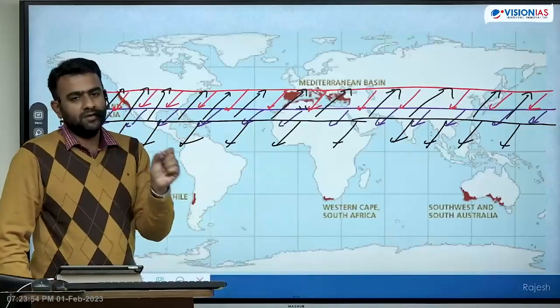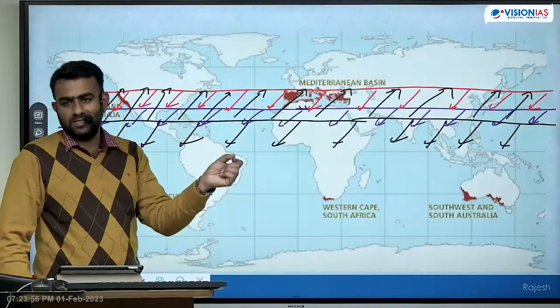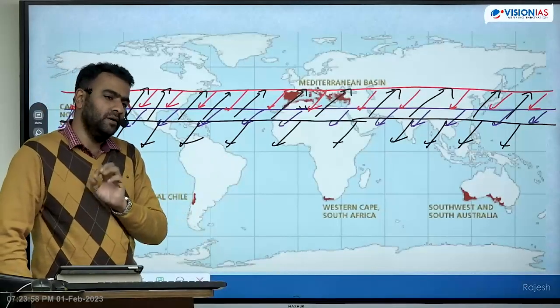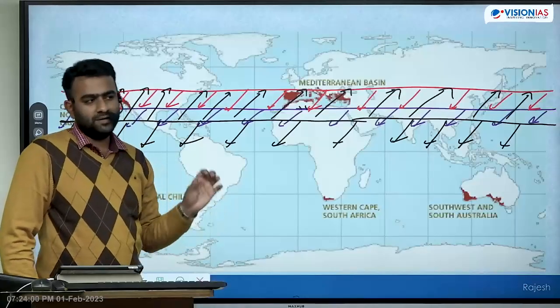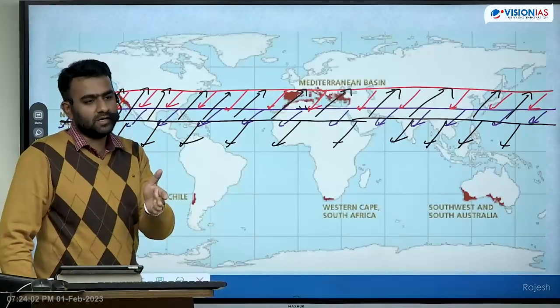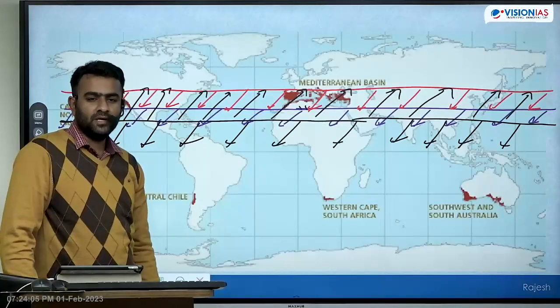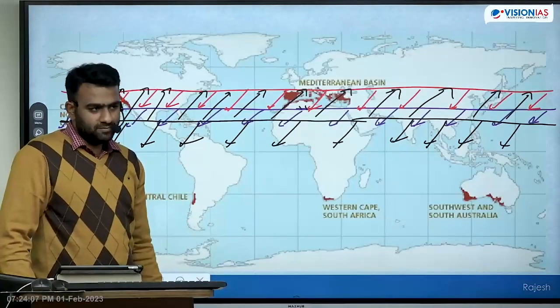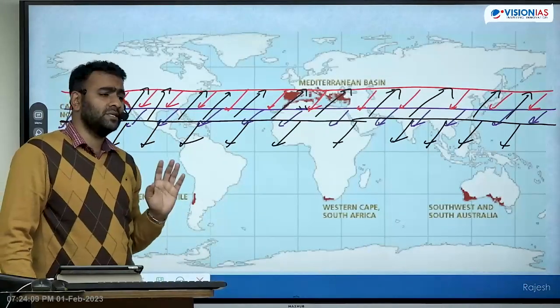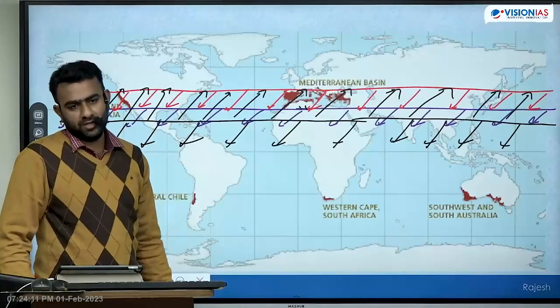Summer dry, wet winter. अगर कहीं पे भी आपने देखा ऐसे ड्राई समर वेट विंटर, आंखें बंद करके मार्क करना, मेडिटेरेनियन टाइप ऑफ क्लाइमेट. It is the only type of climate जब समर में बारिश नहीं होगा, विंटर में अच्छा सा बारिश होता है.